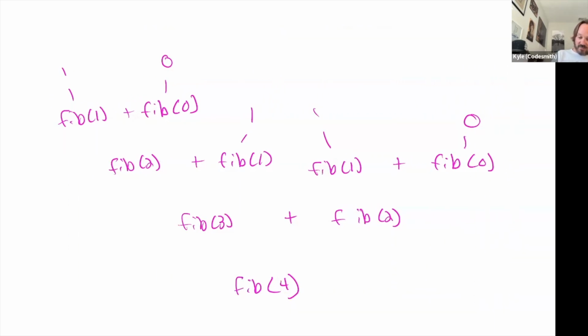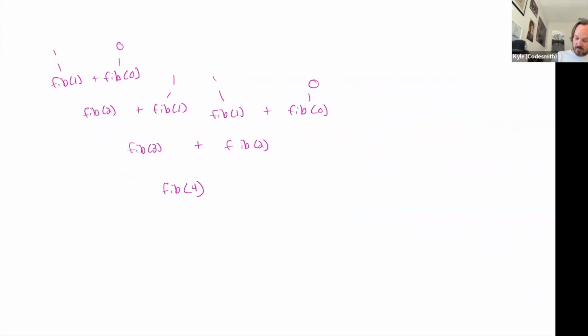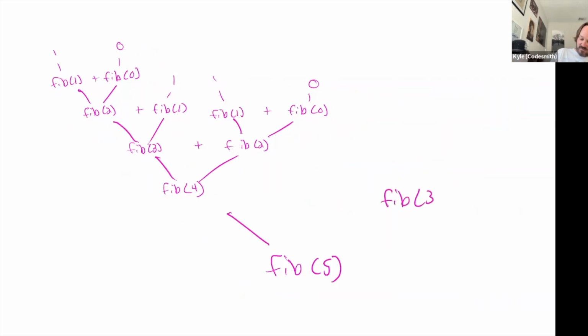If I want to calculate Fibonacci 5, I'm going to have to... Fibonacci 5 is, if we kind of draw these out, we can kind of see what I was trying to allude to about it. Branches, as Henry said. Each time we split off, it's like a new branch. So if I calculate Fibonacci 5, it's Fibonacci 4 plus Fibonacci 3. Well, let's see if I can successfully nab this.